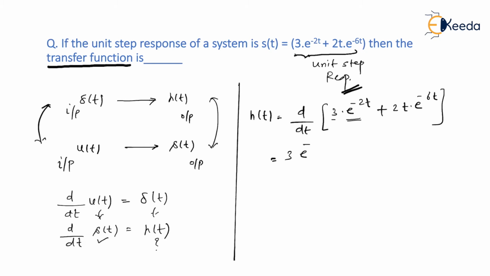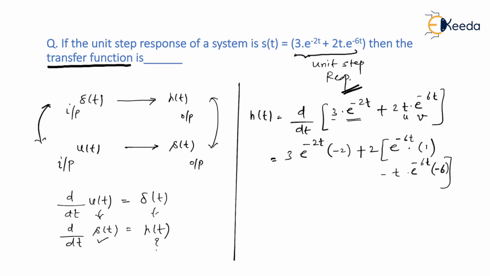The derivative for this is e to the power minus 2t multiplied by the coefficient of t, which is minus 2, plus 2. So here, while differentiating, I'll have to go for the uv formula. According to the uv formula, it is v into the derivative of u, which is 1, minus u into the derivative of v.